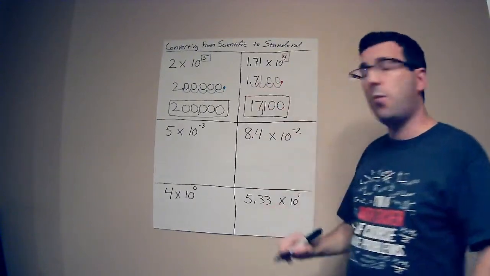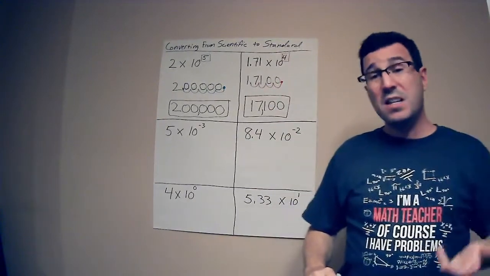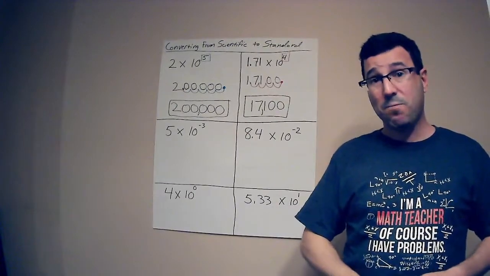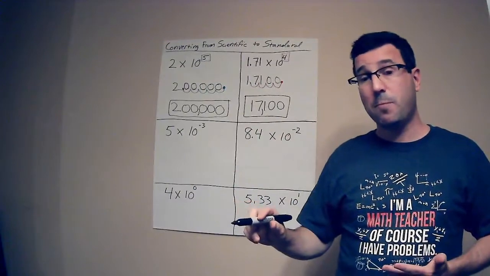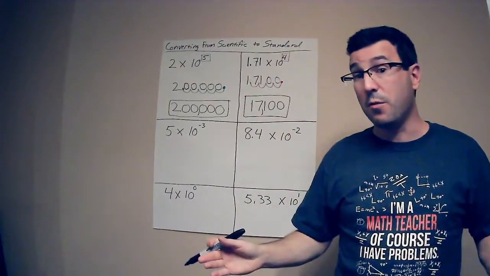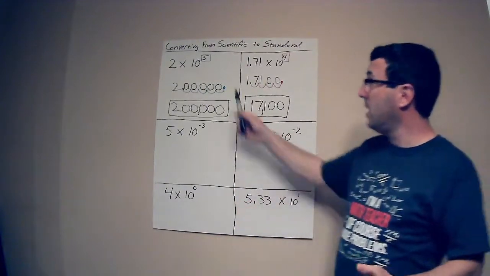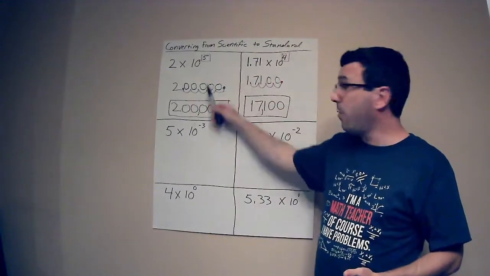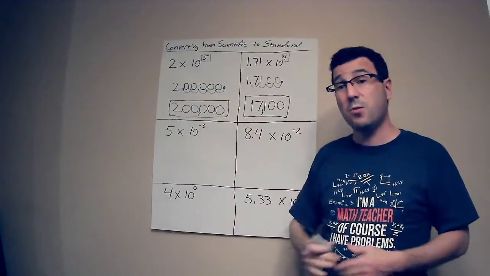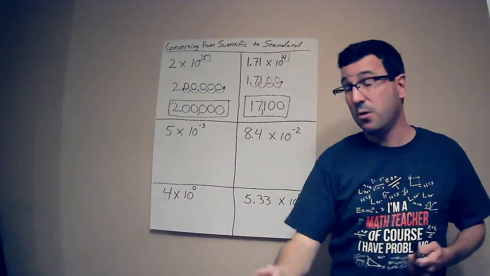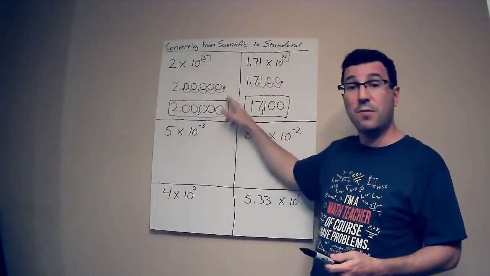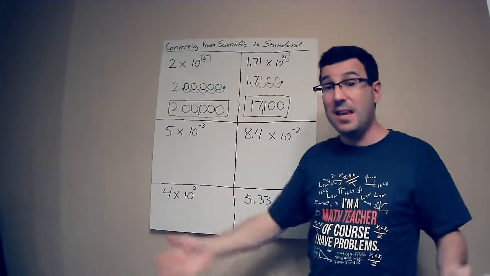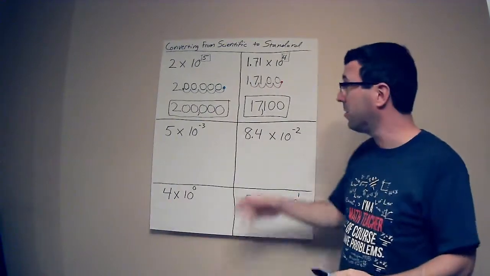The reason I want to point that out is that the biggest mistake most students make is that instead of counting the number of decimal places, they just throw that number of zeros. Even though here we wound up with 5 zeros, that's not because we're just throwing 5 zeros down. We have 5 zeros because we had to move the decimal place 5 places and fill in those spaces with zeros.